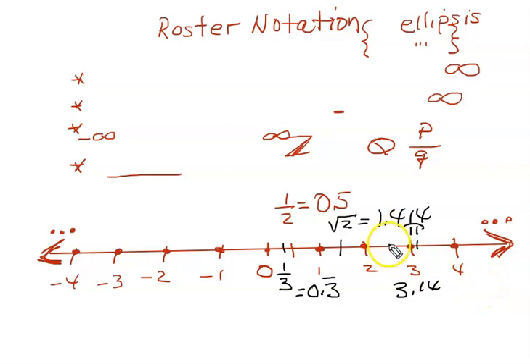Another famous one that we'll use later in the course is the letter e, which is about 2.718, as I recall, and it doesn't repeat a pattern or terminate. These make up the other group of sets of numbers, of real numbers, called irrational numbers.